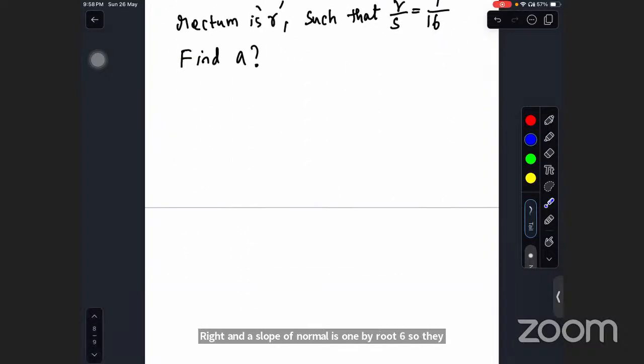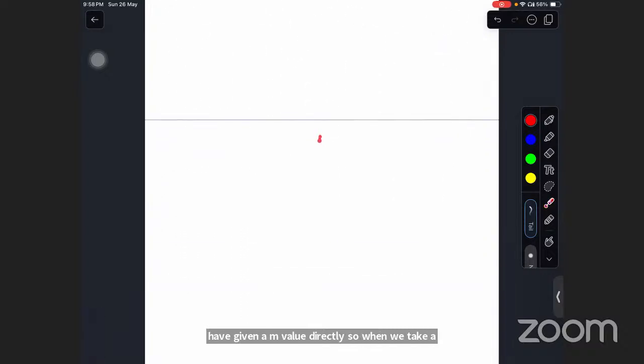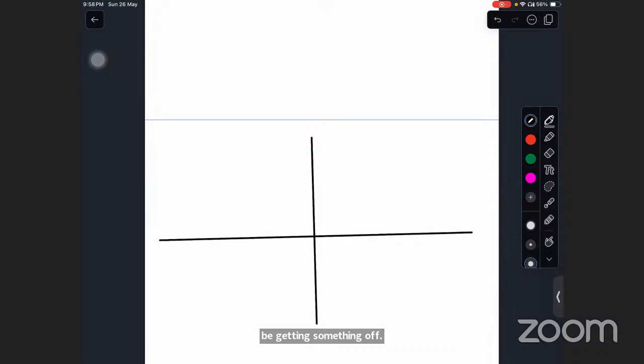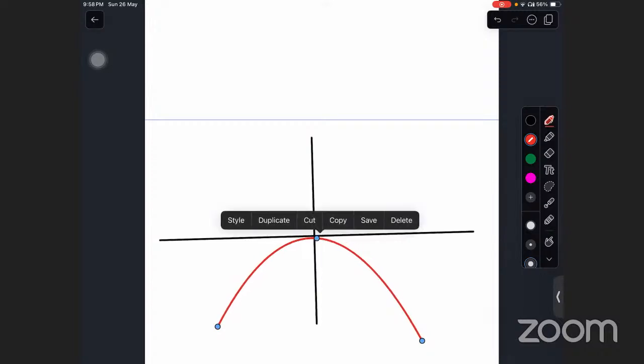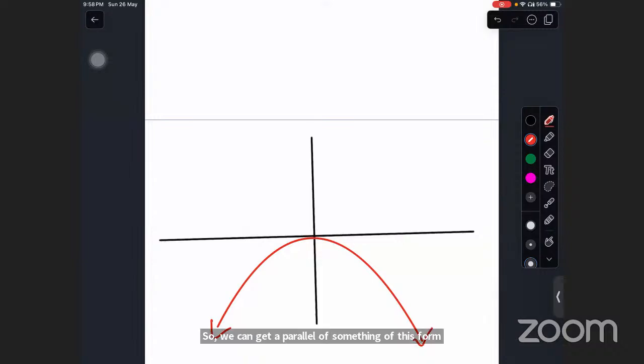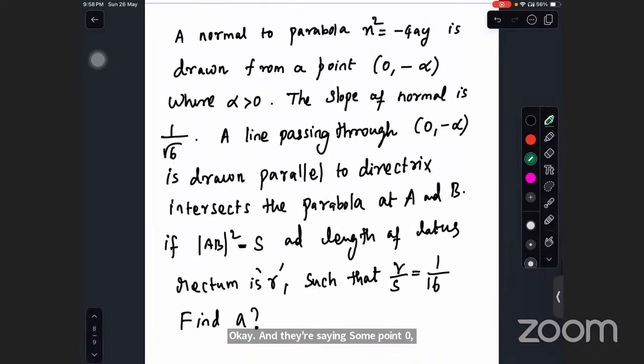So when we take a parabola, we get a parabola of this form. They are saying there is some point 0, minus alpha, and we are drawing a normal.